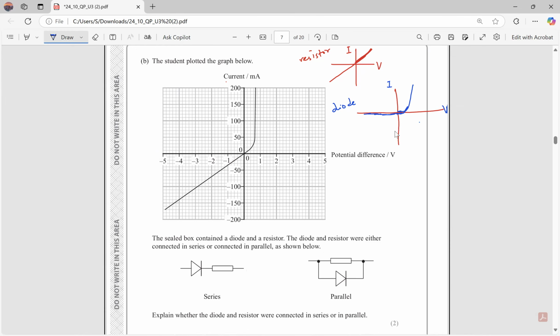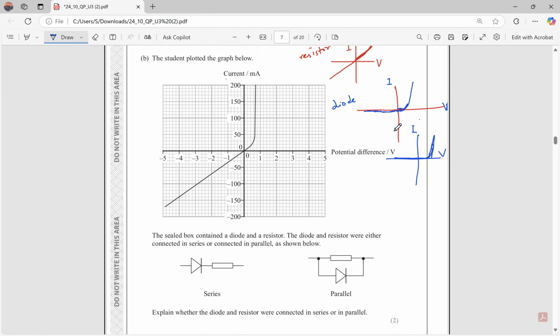So you might even see this graph looking like this: it literally lies on the x-axis, and then over here it suddenly rises. That's because in reverse bias, it's a very small current, so we almost take it to be zero. So these are the two graphs to keep in mind while solving this question.